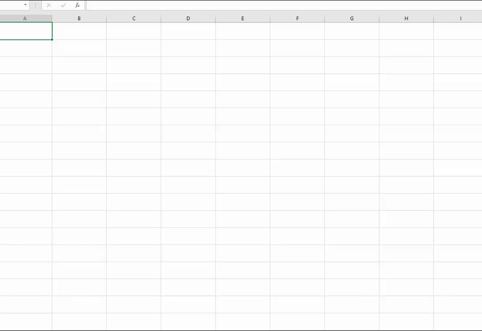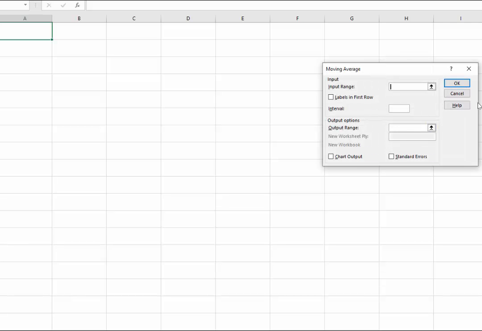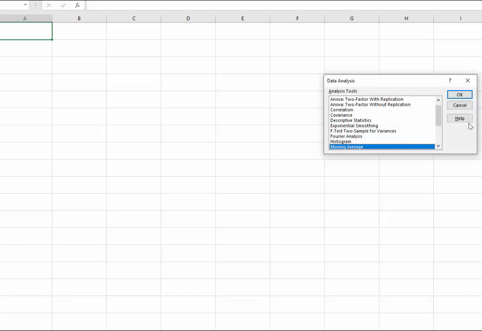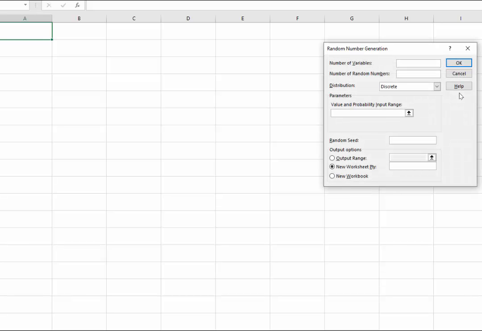Okay, so I'm going to use here a widely used spreadsheet. I want random number generation. So what I'm going to do is take x and y, all right, that's why I'm taking two variables.